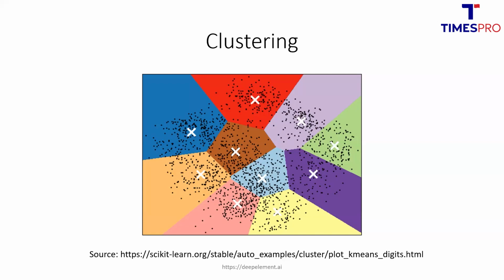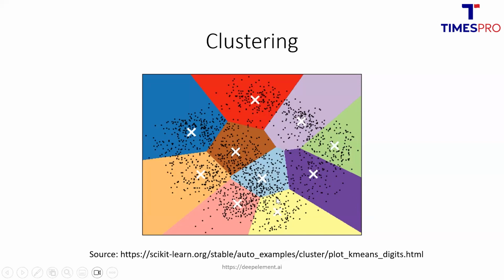So when these are points in higher-dimensional spaces, what clustering does is group points which are close to each other into what are called clusters. Okay, so here is a two-dimensional representation of that.